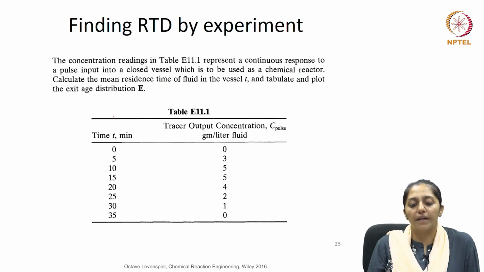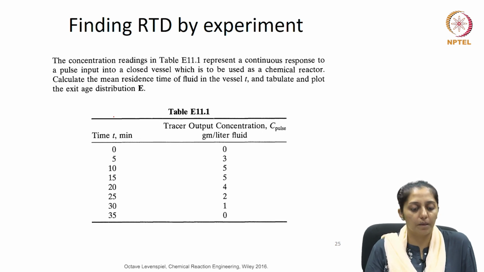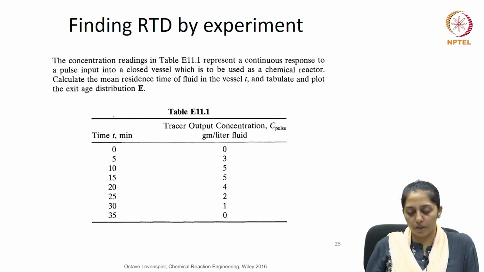So, let us try to find the RTD where an experiment was done using a pulse tracer. The data collected of the concentration of the tracer at the exit with respect to time is shown here in the table. Now, it is asked to determine the mean residence time of the fluid and to plot the exit age distribution, which means the E versus t curve.